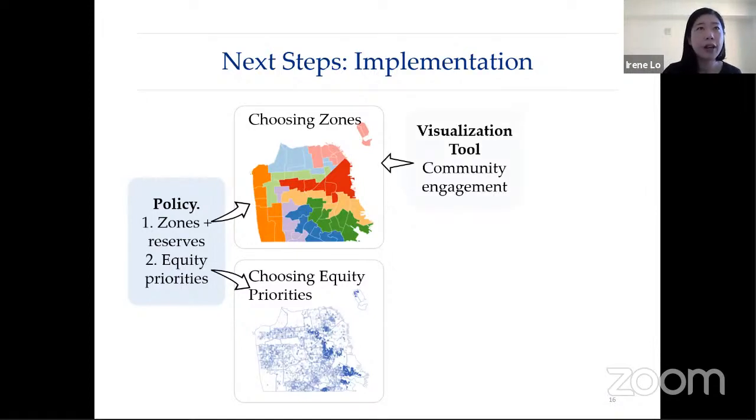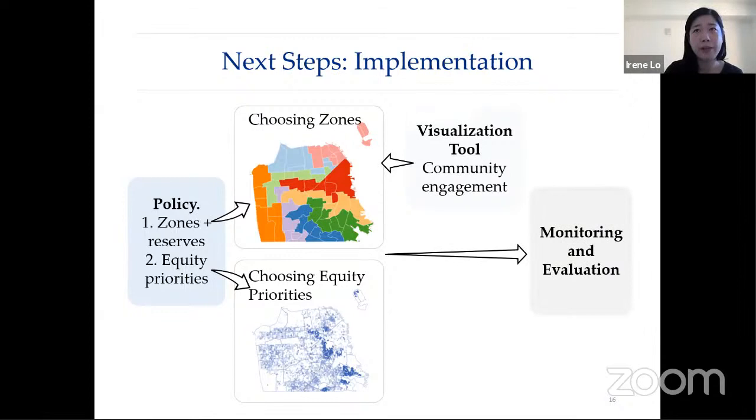For the zone choosing, we are also putting together a visualization tool that will help the community think about the effects of the zone boundaries on them and the families around them. And so the district is setting up a phase of 2 years, or one really targeted year right now, of community engagement to put together the zone boundaries.